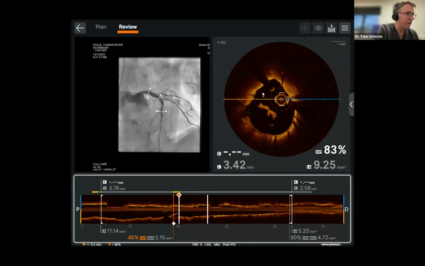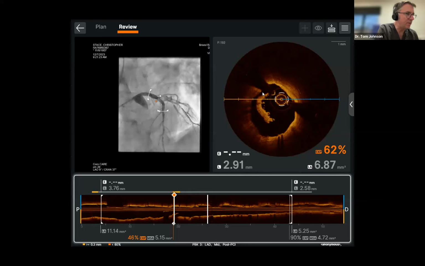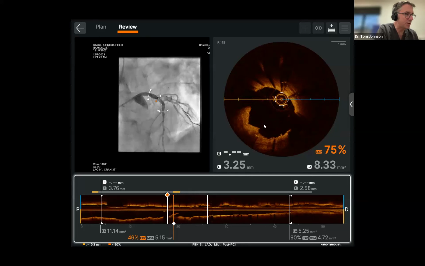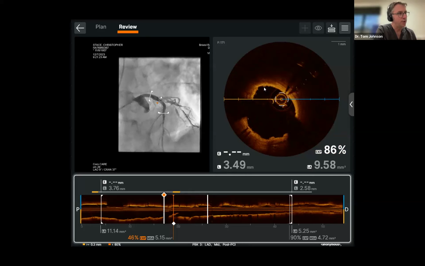And then in that area more proximal, we see even more tissue. And the stent struts, if you notice, this is an acutely deployed stent, but the stent struts are deeply buried behind this tissue. So evident of the fact that this is soft tissue that the stents are just kind of passing through.